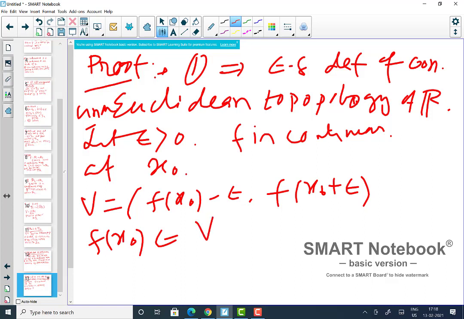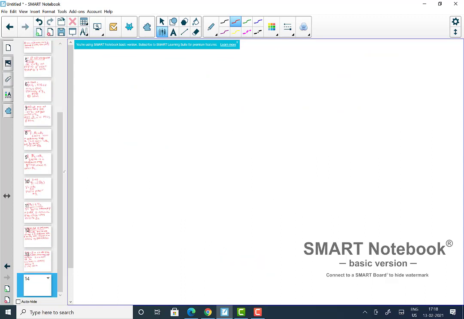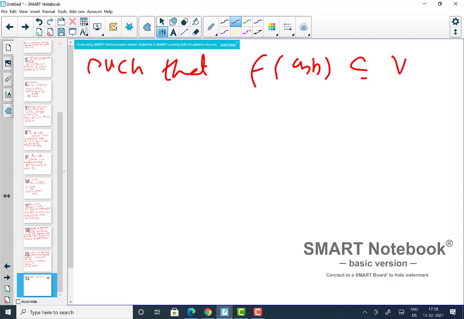Our definition tells us that there exists an open neighborhood of x naught such that f of that open set is contained inside V. So there exists some open interval AB, a neighborhood of x naught, such that f of AB is a subset of V. That means AB is inside f inverse of V.